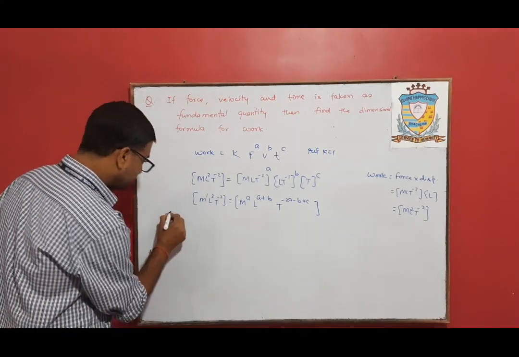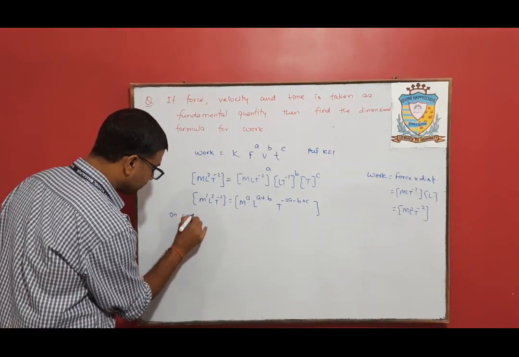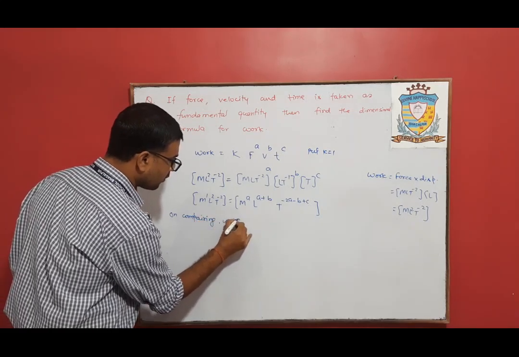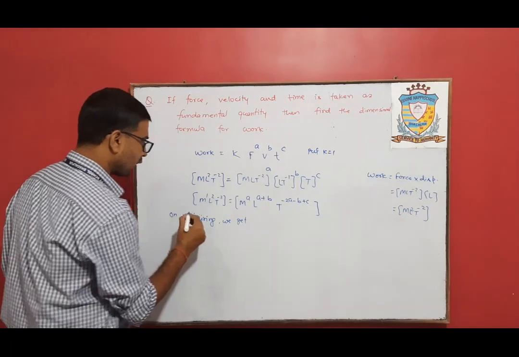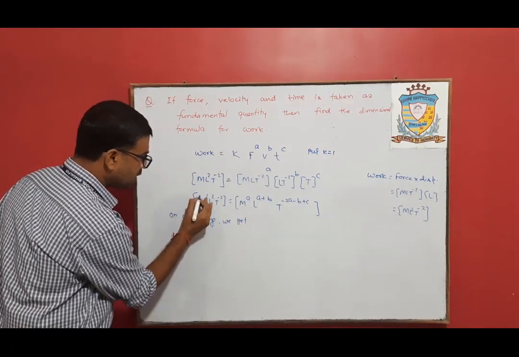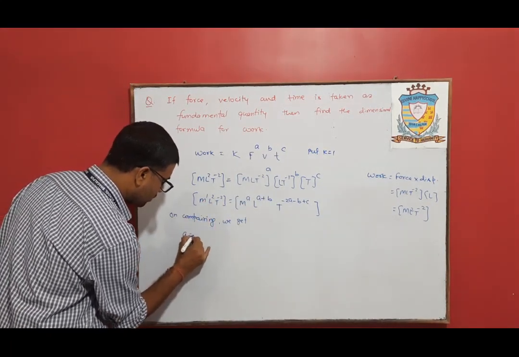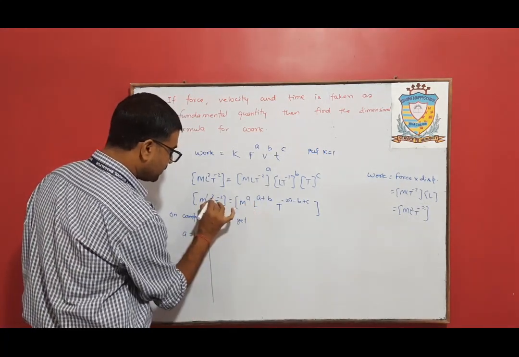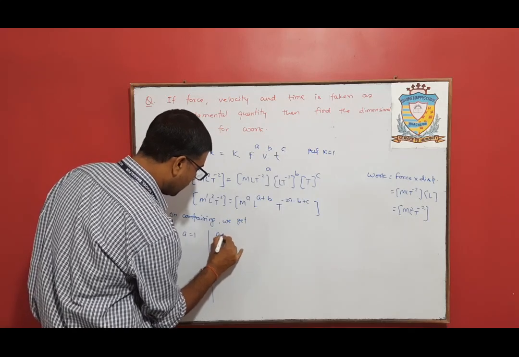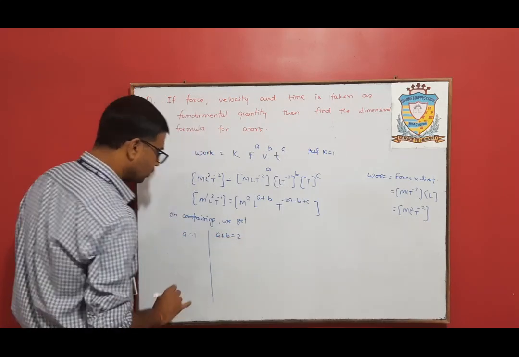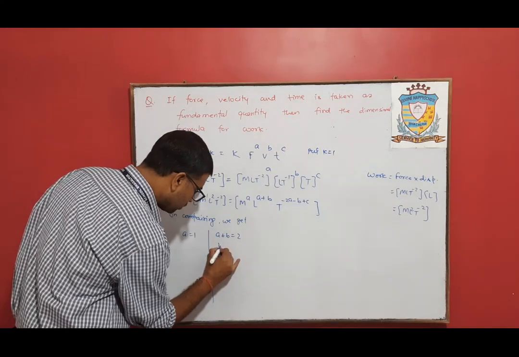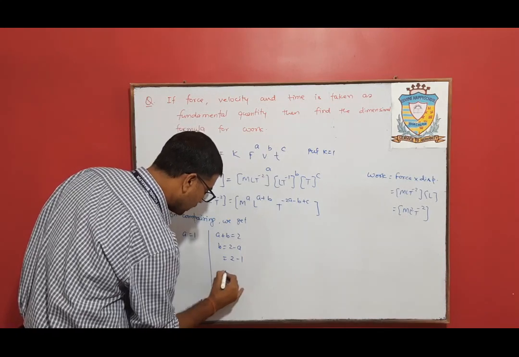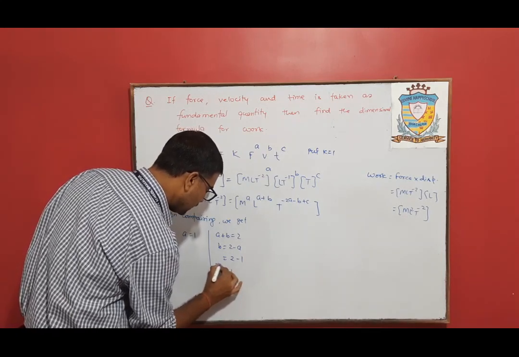On comparing, we get M raised to the power A, here M raised to the power 1. So A is equal to 1. L raised to the power A plus B, here it is 2. So A plus B is equal to 2. Put the value of A over here. So B is equal to 2 minus A, or it can be written as 2 minus 1 or 1. So value of B is 1.